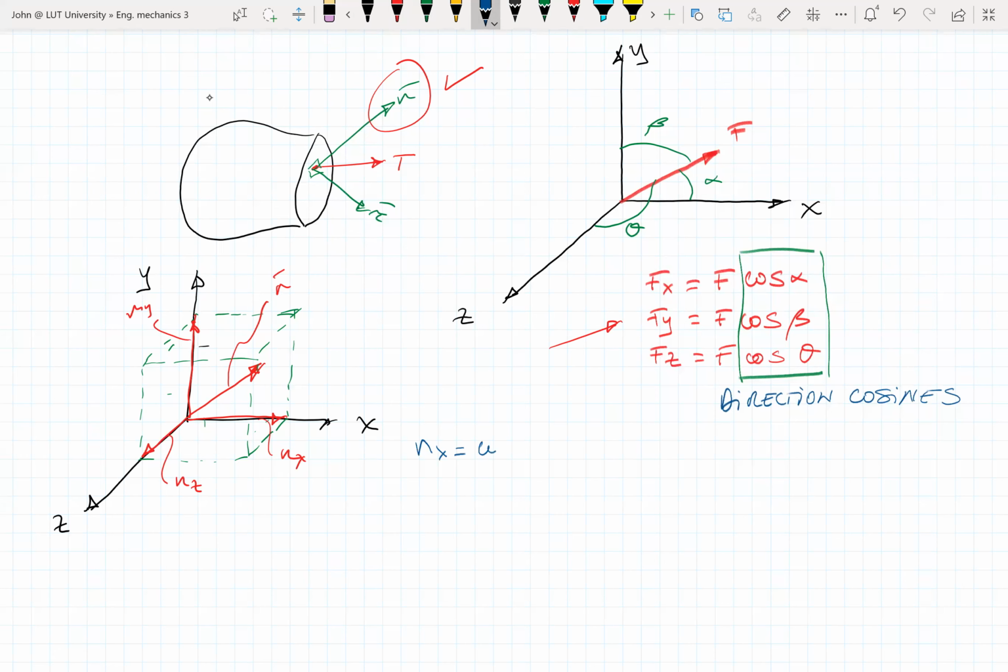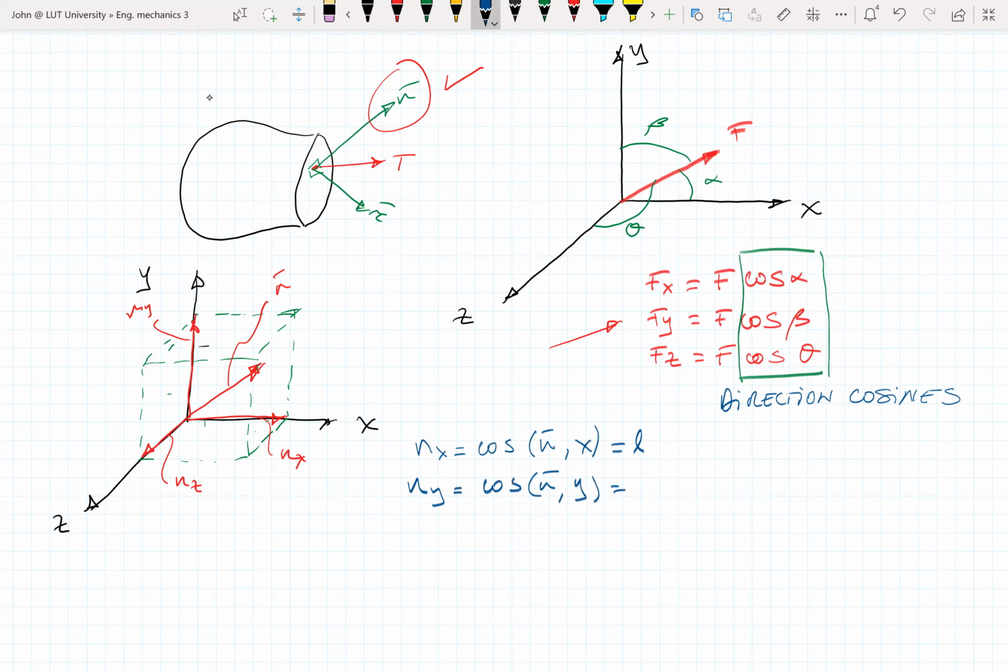equals the cosine. As I haven't written any angle here between the unit vector n and the Cartesian axis, I will call it in this way, that nx is going to be defined by the cosine of the unit vector n and the axis x. And actually, I will call this L. And ny is going to be defined by the cosine of the unit vector n and the Cartesian axis y.